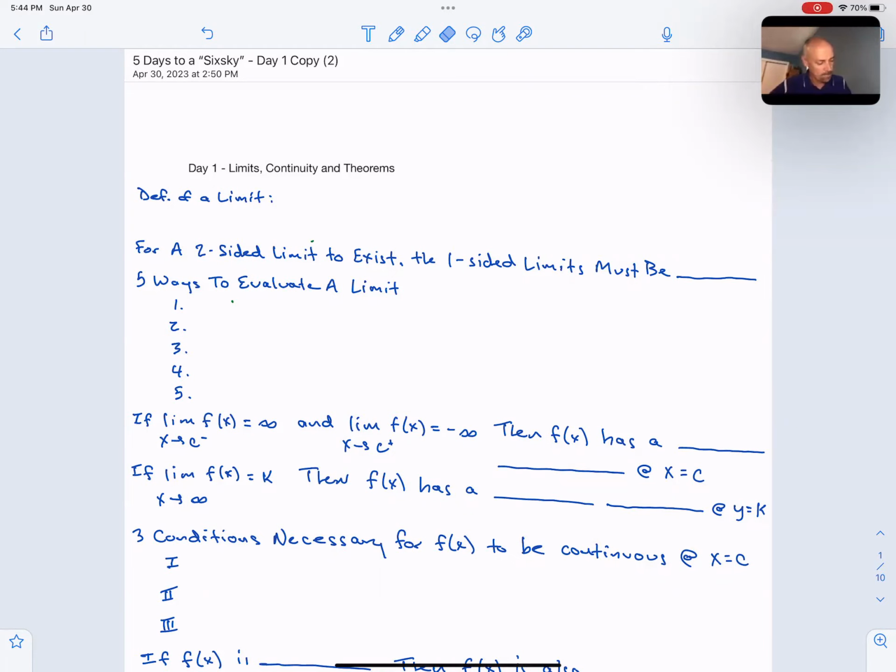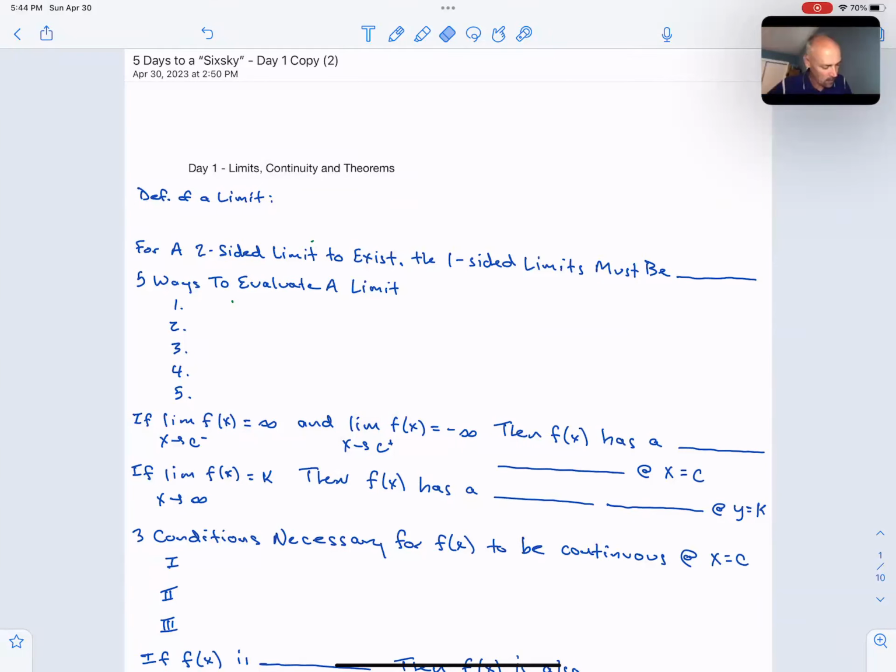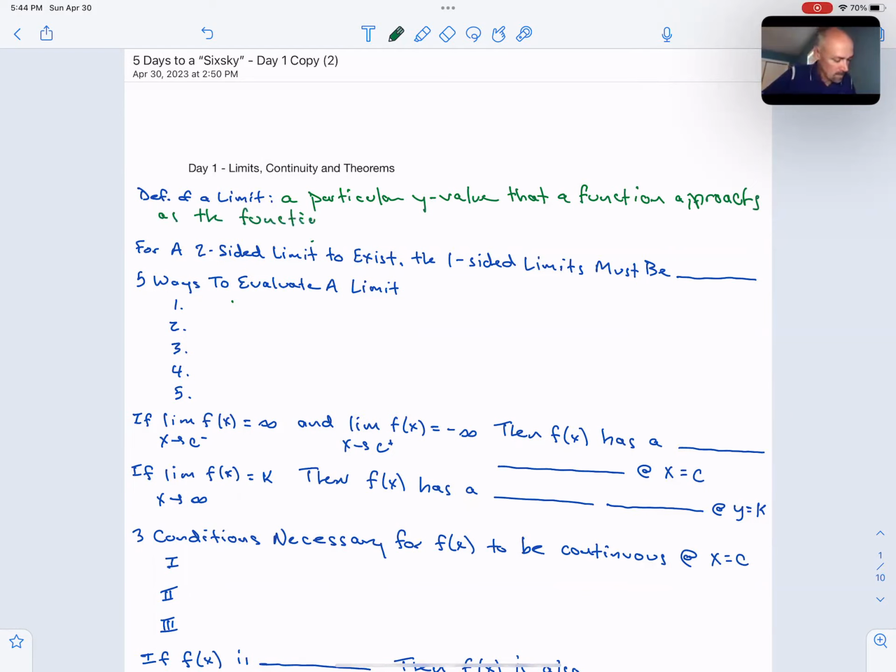All right. Well, first thing, definition of a limit. Well, we can think of a limit a lot of ways, but kind of a working man's definition, we could say that a limit is a particular y value that a function approaches as the function approaches a particular x value.